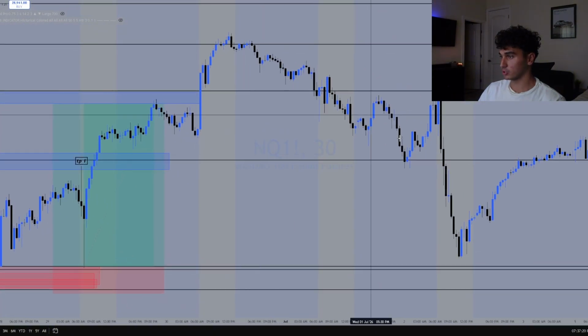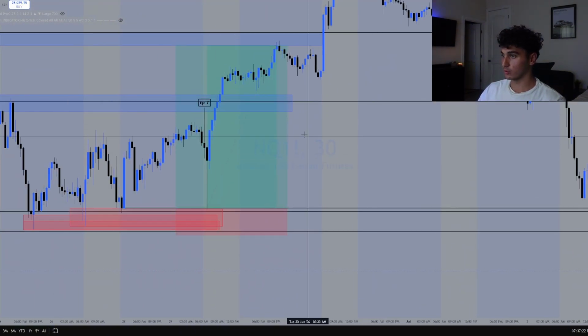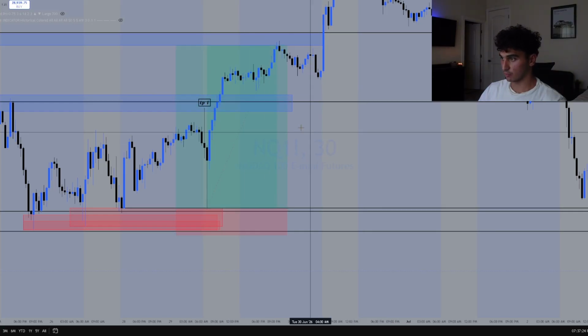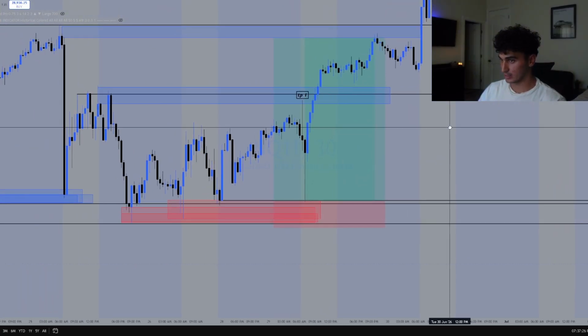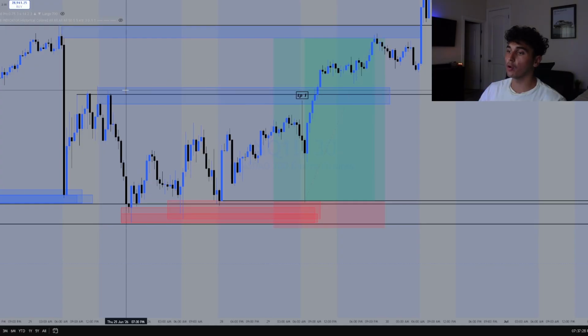We did eventually dump, but still these would have been both perfect to take profits to utilize, because like I said, these are both areas where price is likely to present some sort of reversal.